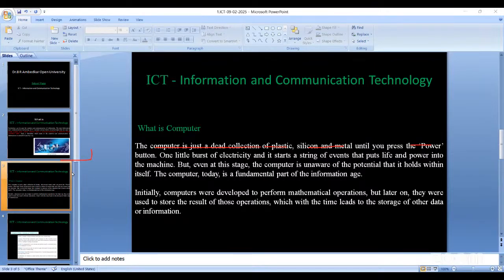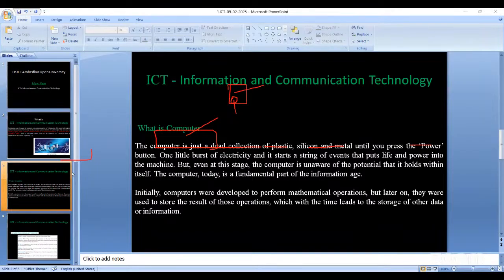What it means is that all the components inside the computer, which we call a dead collection, have no kind of communication between them. This computer has a power button, and until you press the power button, it has no use.